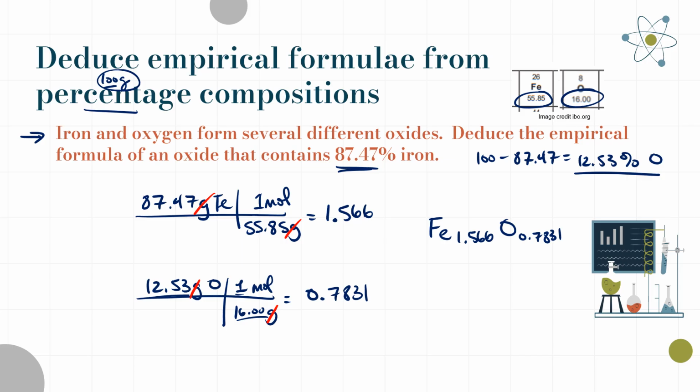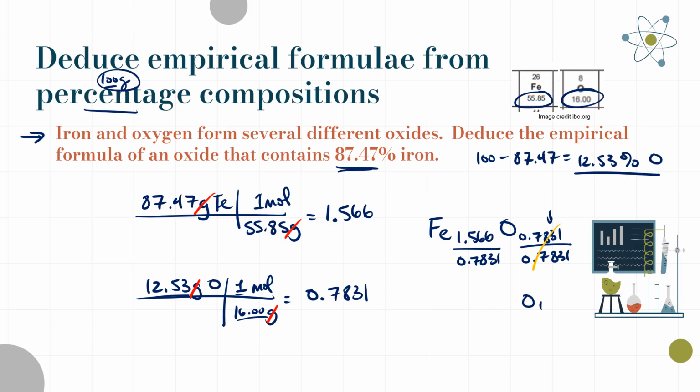We want whole number ratios. So to scale up to a whole number, we're going to divide both of these by the smallest. Oxygen's number is the smallest. So I'm going to say divide both of these mole numbers by the smaller. That means that this oxygen number is now 1. Lovely, we've got a whole number.